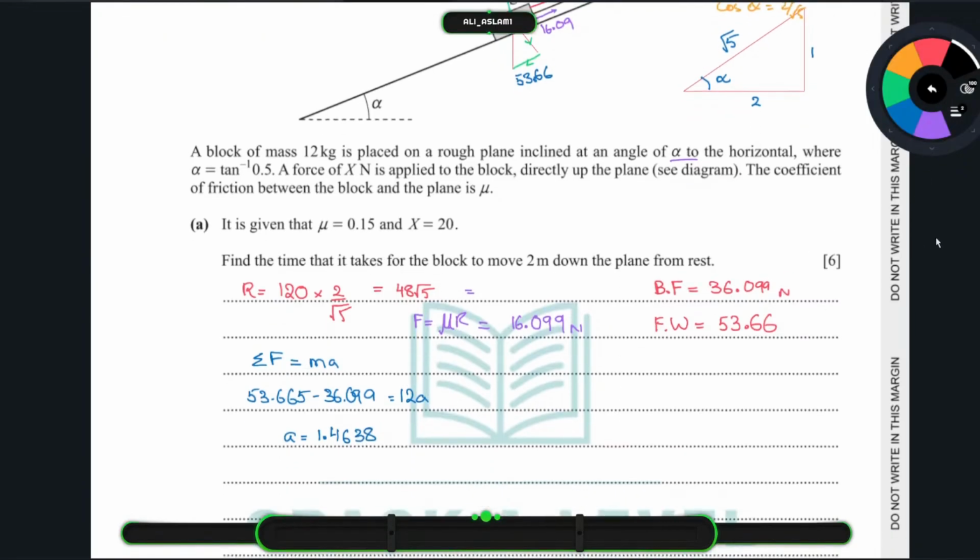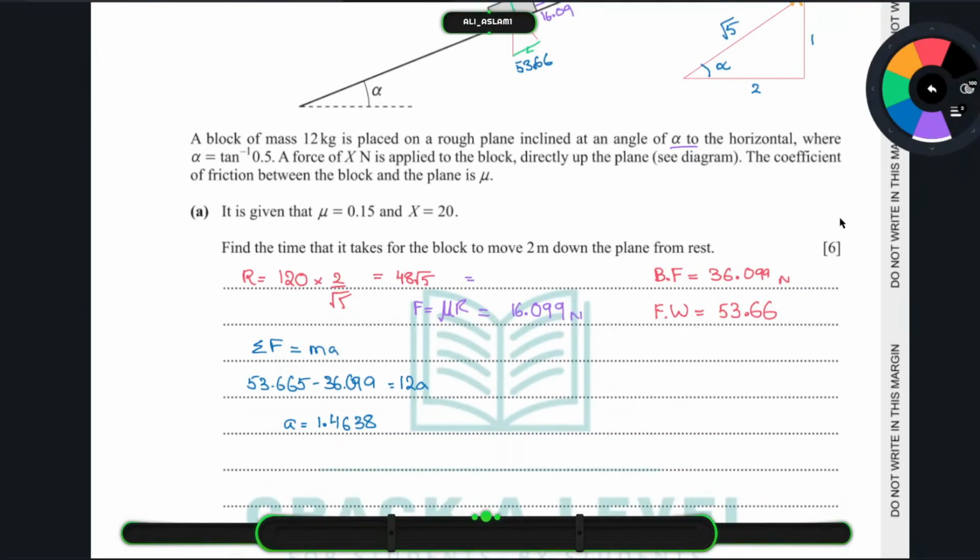We can use v is equal to u. No, we don't have v though. We have s, so 2 meters, ut, u is 0. So half into a into t squared.